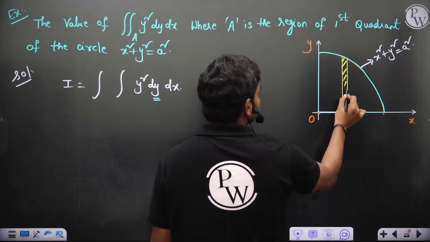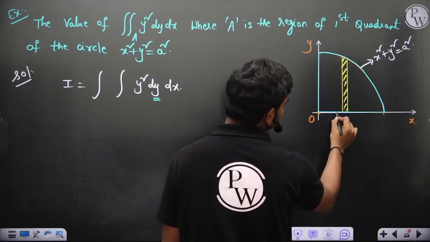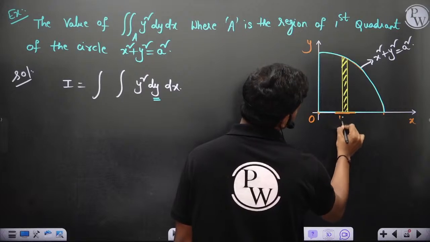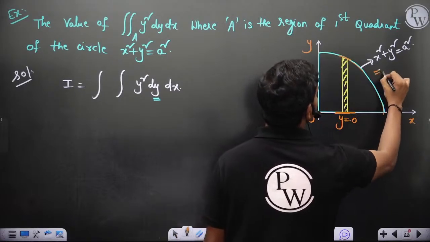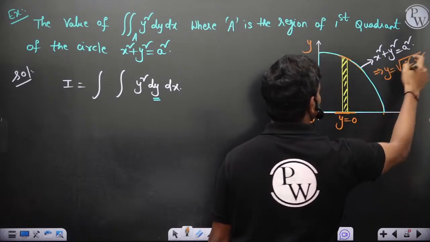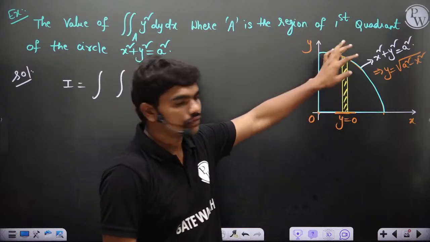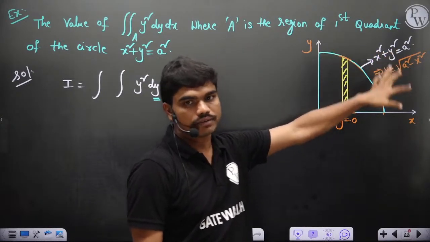If you move this step anywhere in this region, the lower bound is always given by y is equal to 0, and the upper bound at any point is given by y is equal to root of a square minus x square. You may ask me, why are you not considering the minus sign? Because I know I'm situated in the first quadrant, so y is always positive.